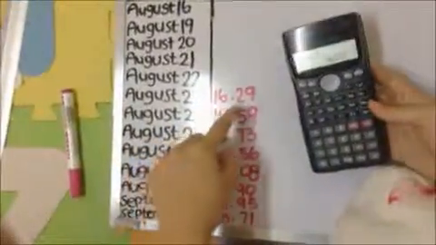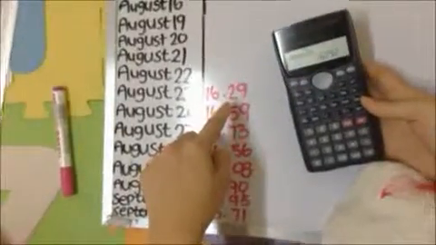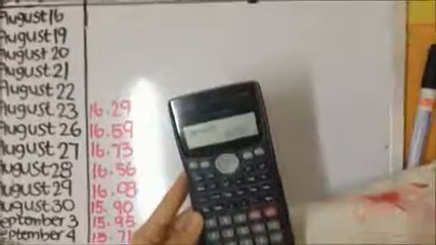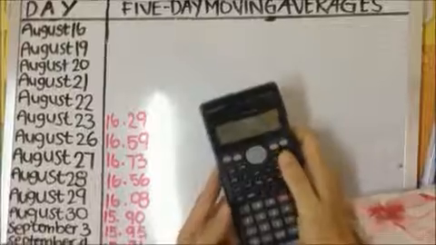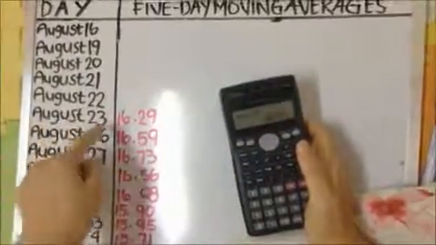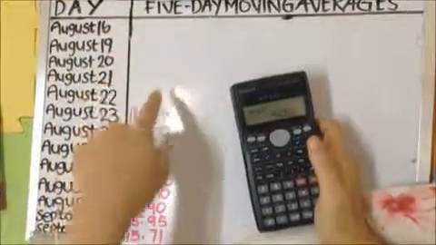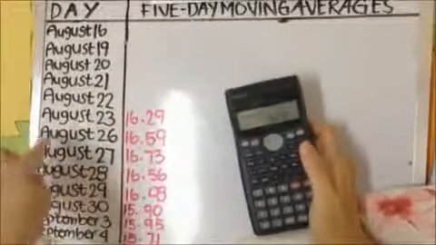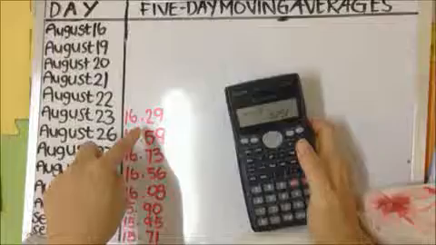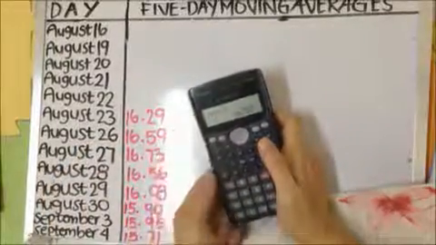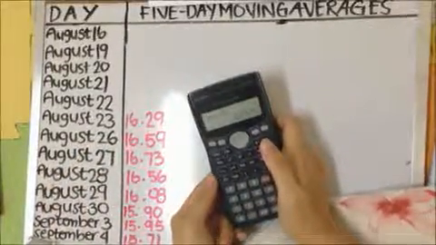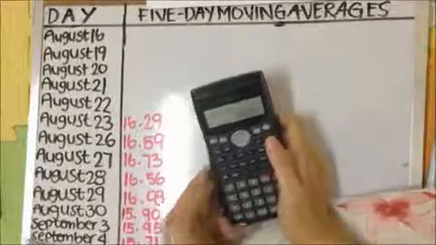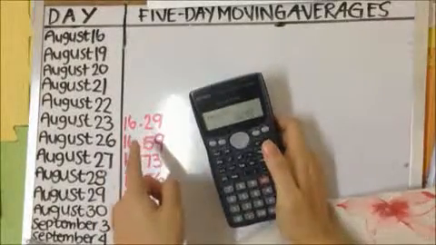The answer is 16.292, and then we are going to round it off, becoming 16.29. We place the answer at line 6 because it is a 5-day moving average.